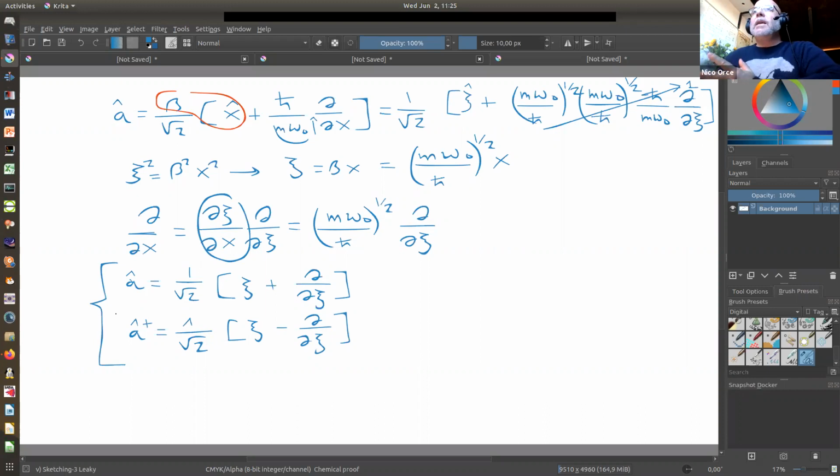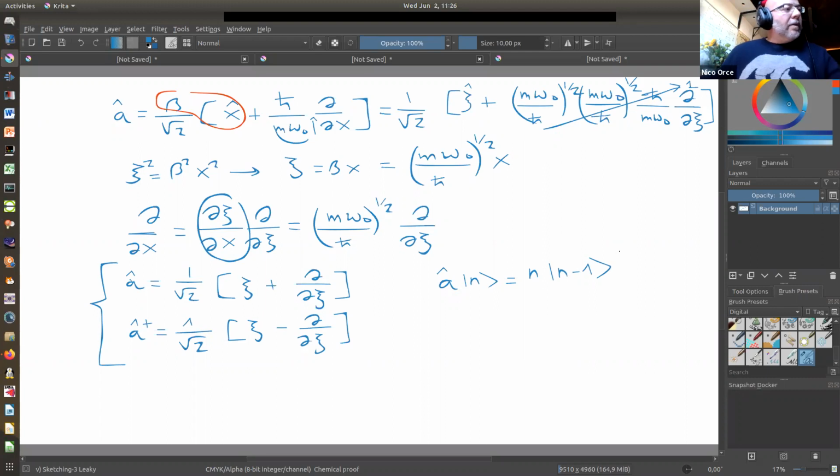And we are going to apply this together with the fact that A operating on a wave function n is equal to square root of n times the wave function of n minus 1. So these are in the lecture notes which I have given to you.